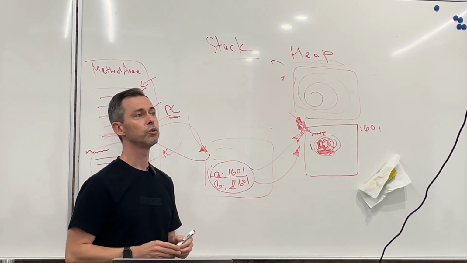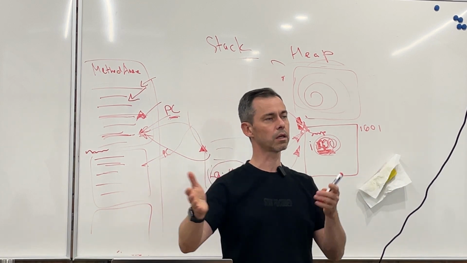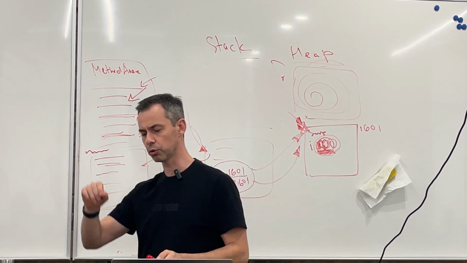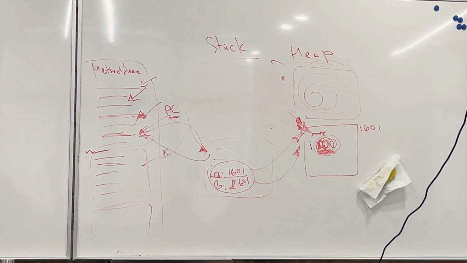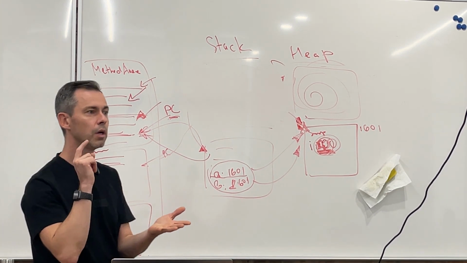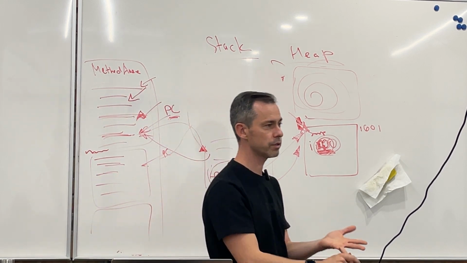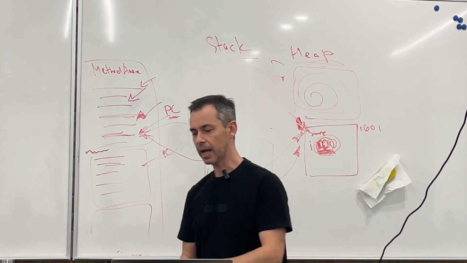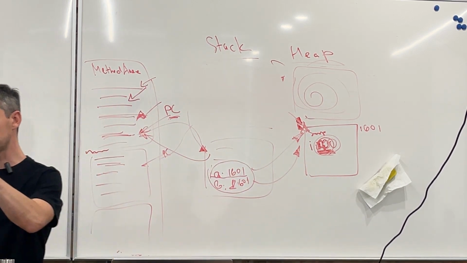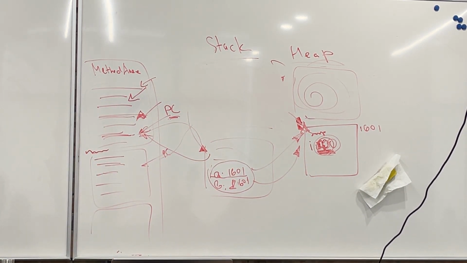That's why you should know, and please check it in your notes, that there are two ways of passing arguments into methods: passing by value and passing by reference. Every time you pass an integer, double, and all this stuff, you pass by value. Every time you pass objects or arrays into a method, you pass by reference.